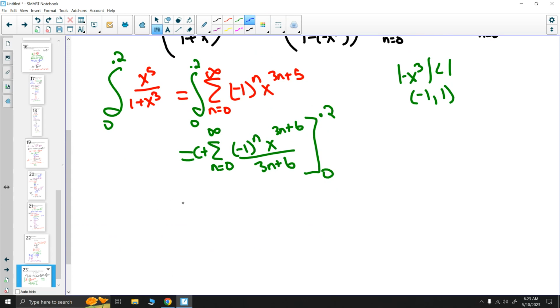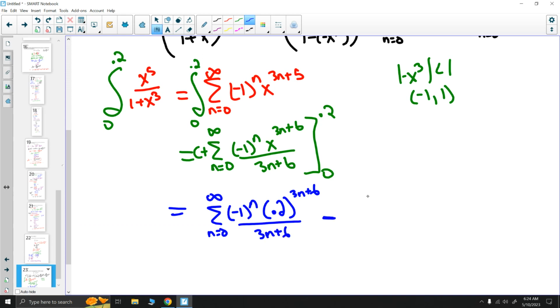Okay, so that means that for us the c's are going to drop off, but we're essentially having the sum n equals 0 to infinity of negative 1 to the n, 0.2 to the 3n plus 6 over 3n plus 6. We're subtracting the sum n equals 0 to infinity of negative 1 to the n.